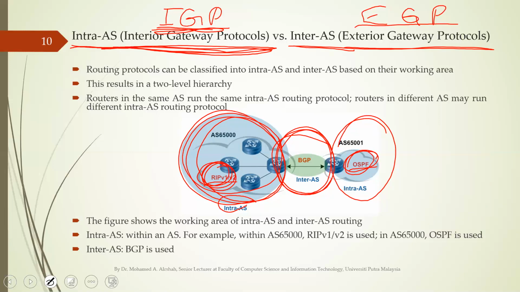Also, the exterior gateway protocol can be vector-based, and also can be a link state protocol. This results in a two-level hierarchy. As you can see here, we have a hierarchy. This one is low level, and this one is also low level. This one is a level up.